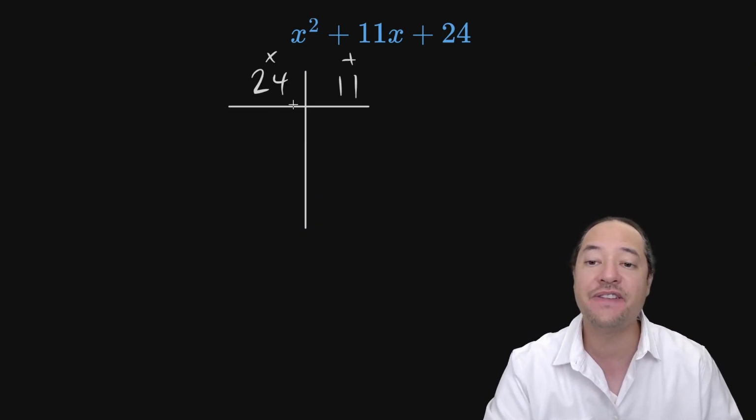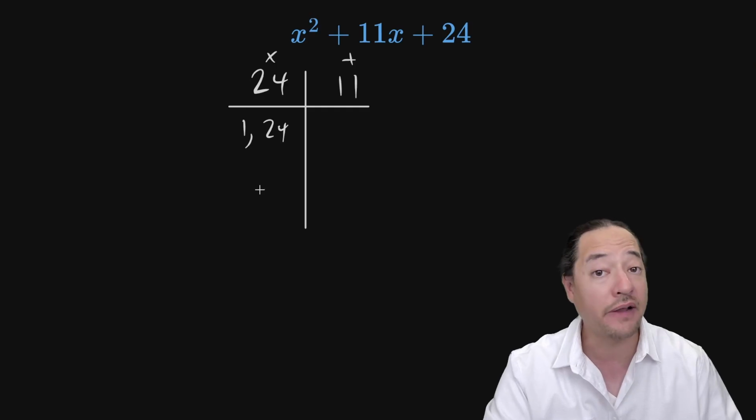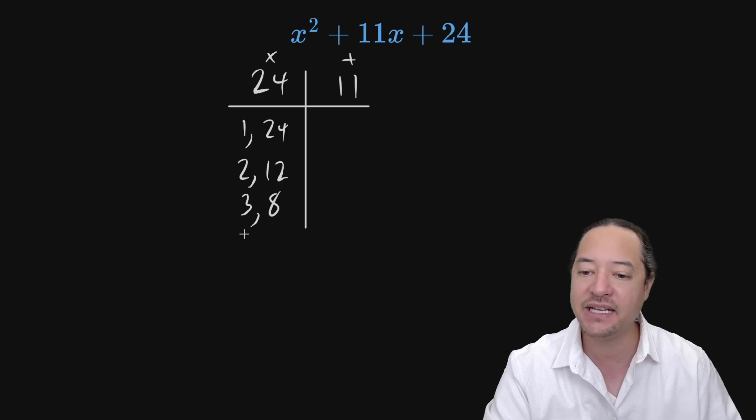What are the factors of 24 going to be? Well, we could have 1 and 24, those are paired factors. We could have 2 and 12. We could have 3 and 8. We could have 4 and 6.